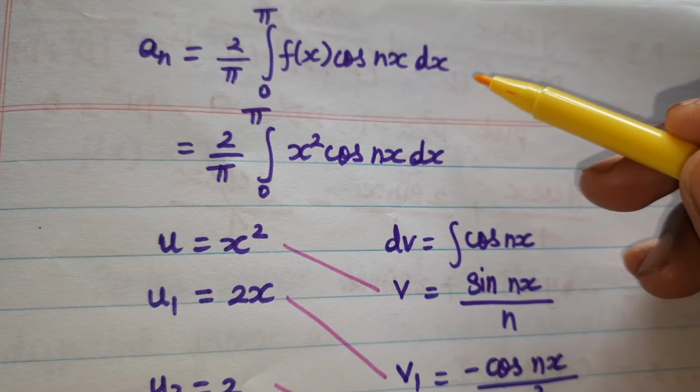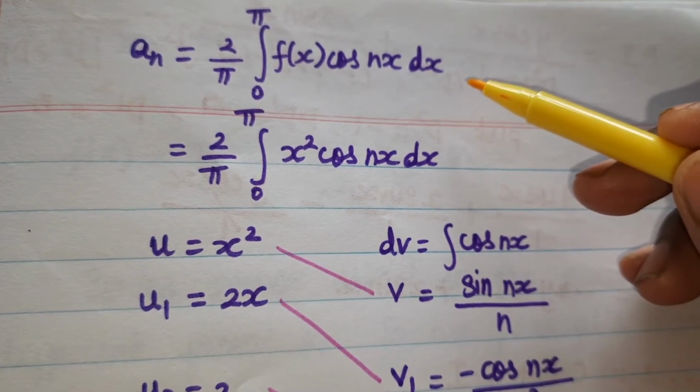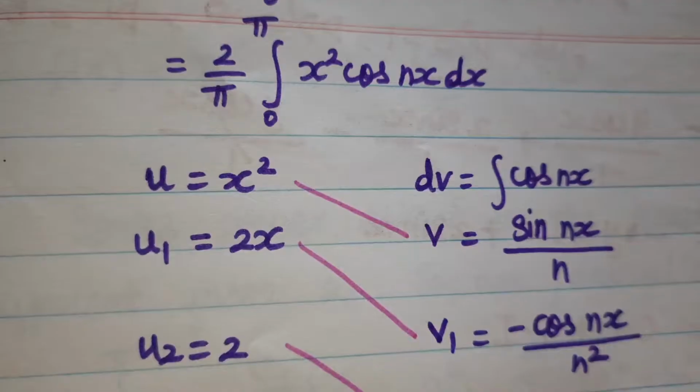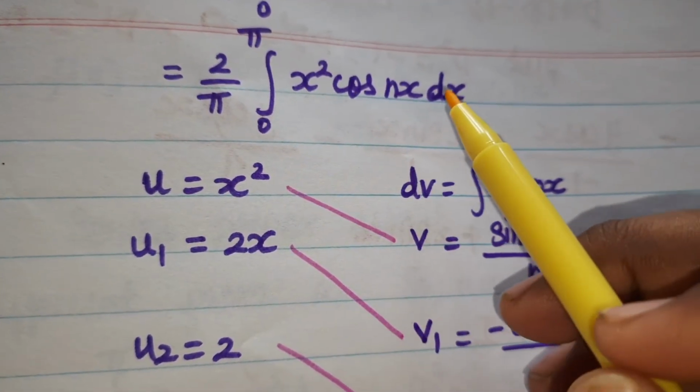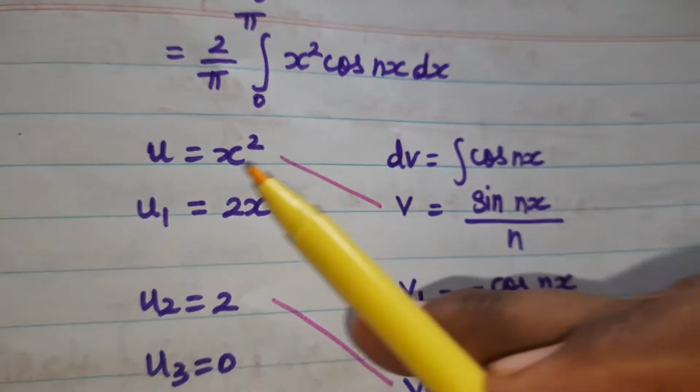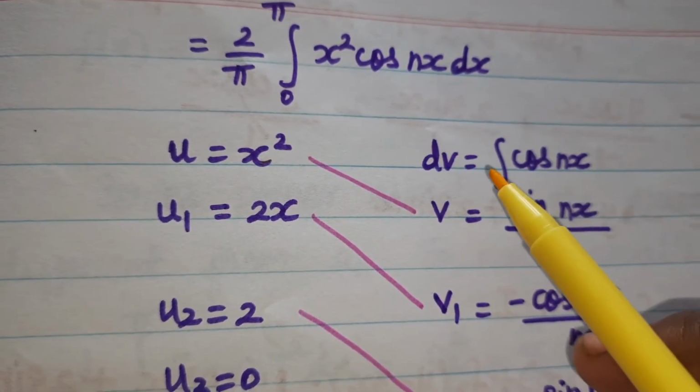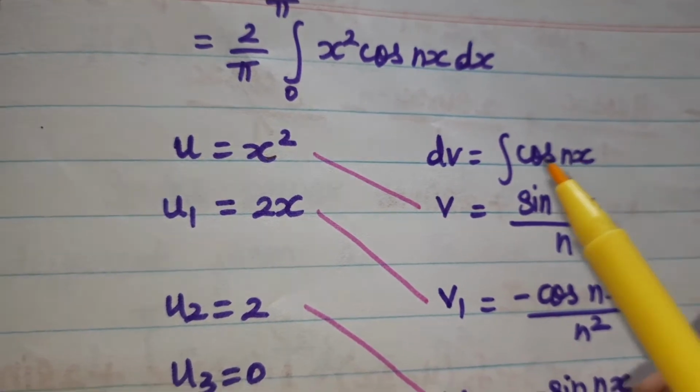Next an is equal to 2 by pi into integral of 0 to pi f of x into cos nx dx. So here f of x is x square. Here both terms have x and it is in multiplication. Therefore u is equal to x square and integral of dv is equal to integral of cos nx.